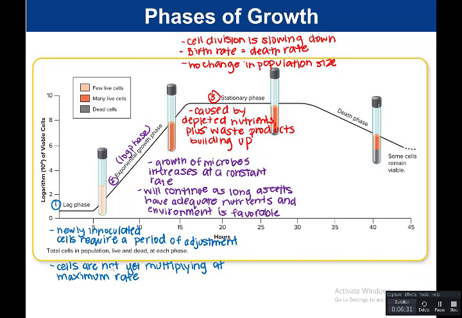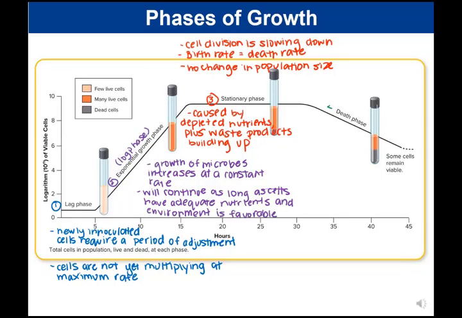And then lastly, number 4 is going to be our death phase. In our death phase, cells begin to die at a constant exponential rate.